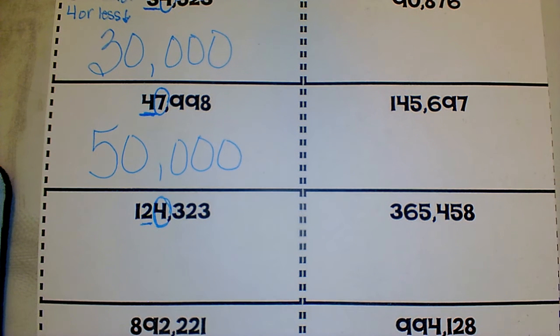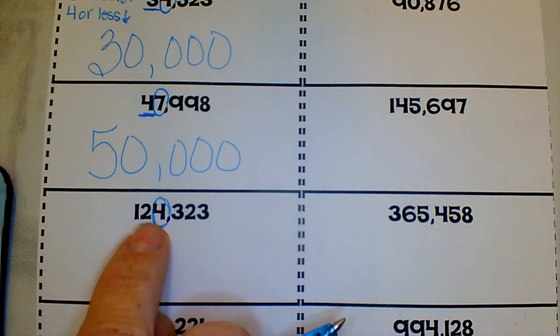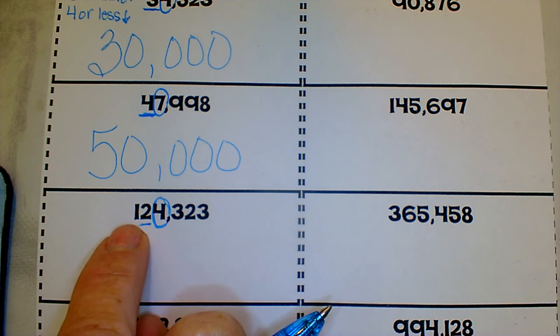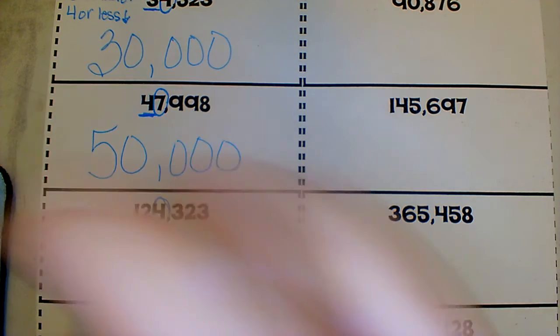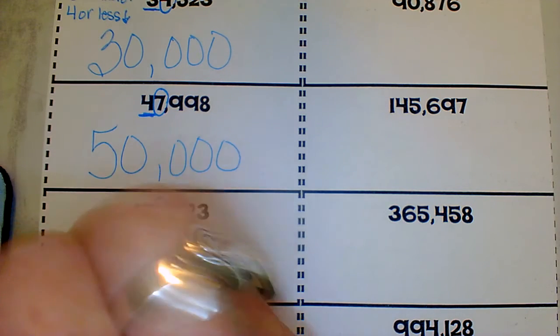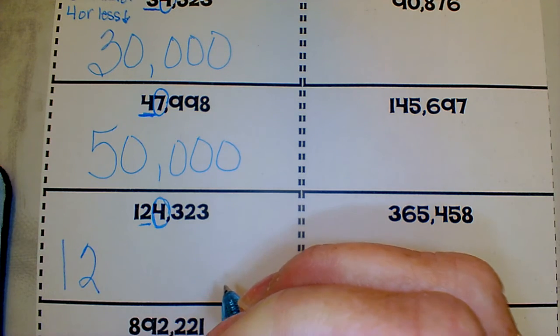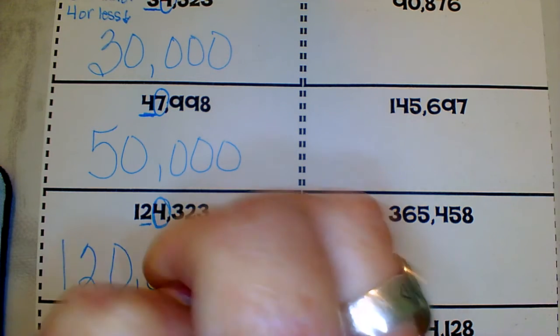Let it rest. So we are going to actually keep the 2 and the 1 in front of it because that's not being rounded. Everybody understand that? So after we write the 1 and the 2, what comes next? Zeros. Make sure you always put the proper amount of zeros.